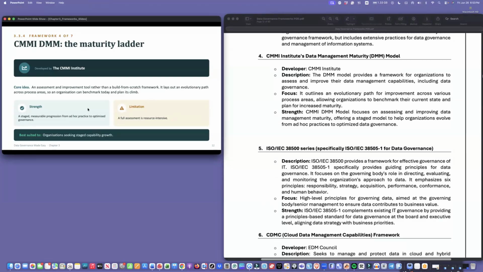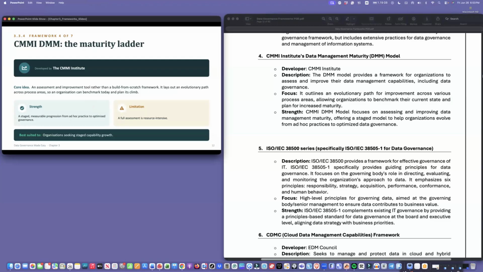If you have a data governance framework already, and you think there is a need to review it, one of the models that could do an easier job for the review is the CMMI DMM model. That's the data management maturity model.